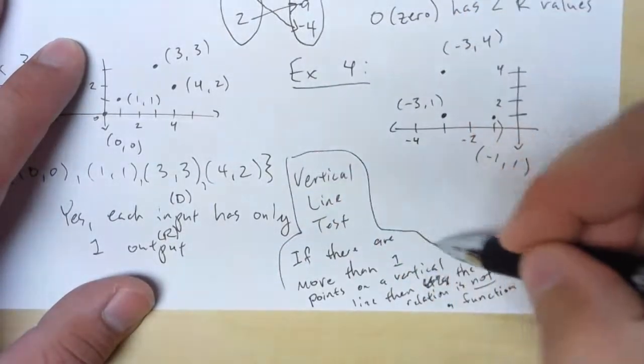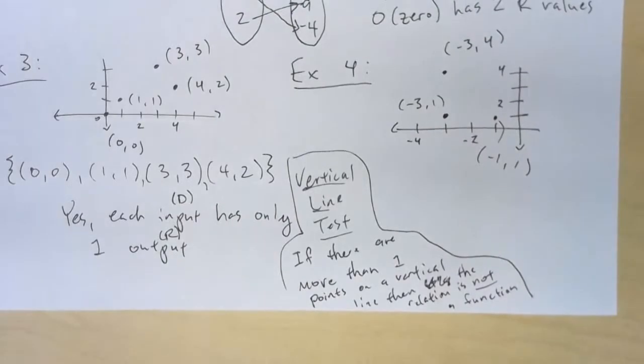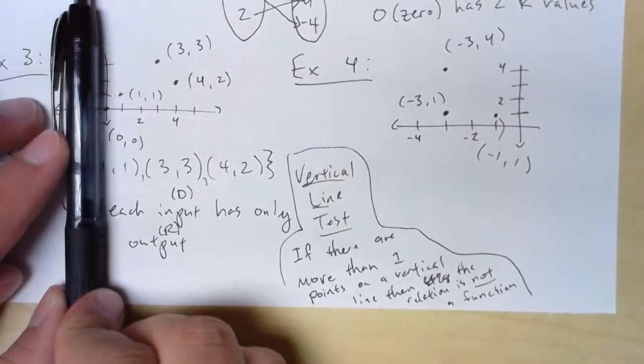I'm just going to mark this off because it's kind of a big deal. Vertical line test: if there are more than 1 point on a vertical line, then the relation is not a function. Because as you go across, you should only have 1 point for each x.